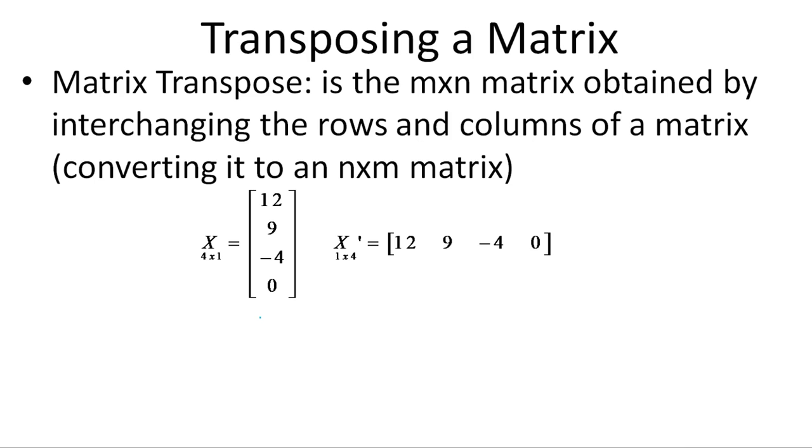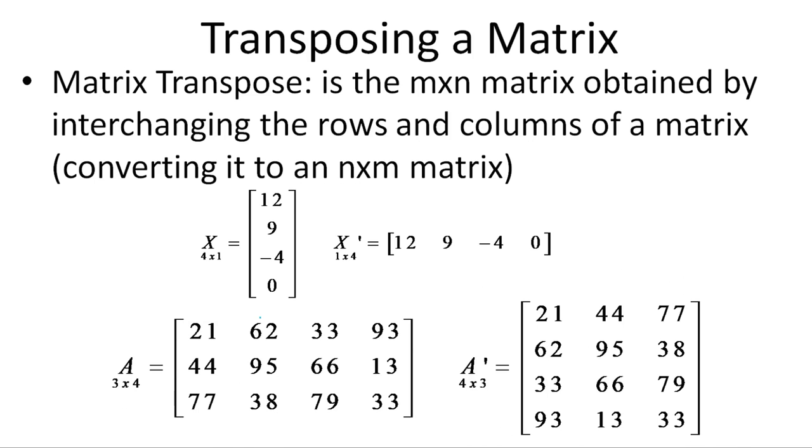Let's see another example of matrix transpose. Here matrix A is a 3 by 4 matrix, and when we transpose it, matrix A prime becomes a 4 by 3 matrix. And how do you get that? The first column in matrix A becomes the first row in the transpose matrix.